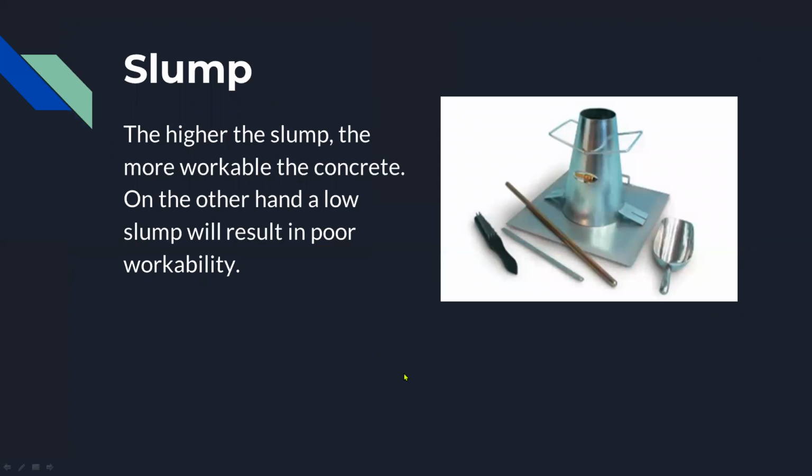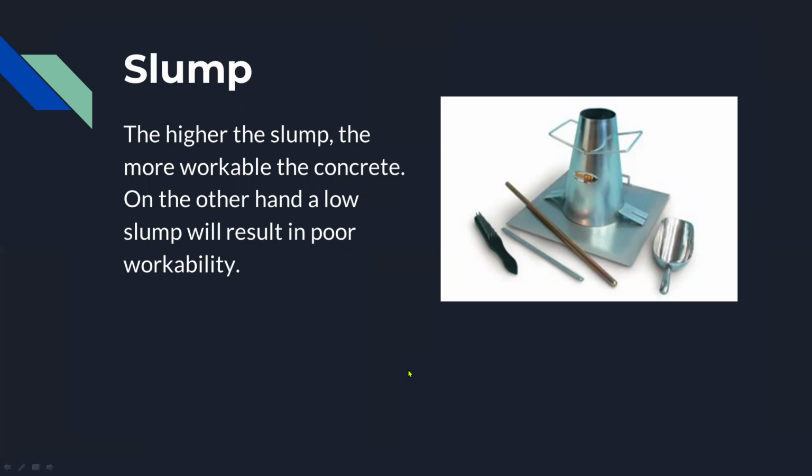So the slump, ito yung konsepto. Bakit kailangan nating i-test ang slump? Ito kasi yung nakikita natin in the future kung paano ba mag-work yung concrete na ating ginagawa as a sample. The higher the slump, the more workable the concrete.